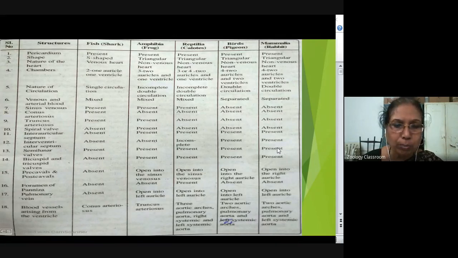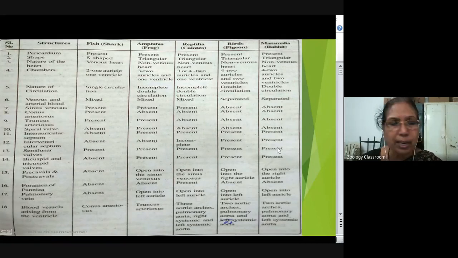In frog also similar. In lizard also similar. In birds and mammals, they are called tricuspid and bicuspid valves. Ventricle is thick in fish, frog, lizard, mammal and bird.